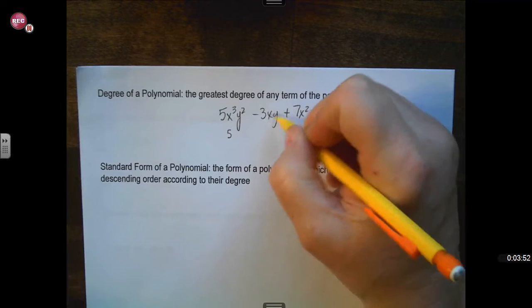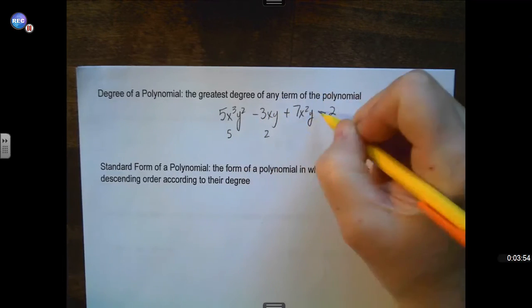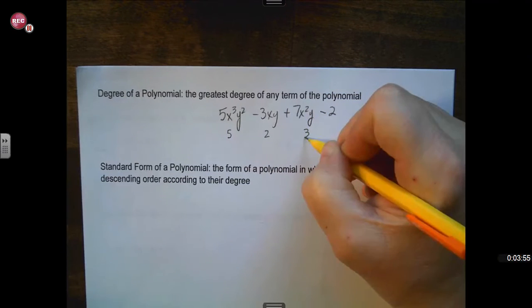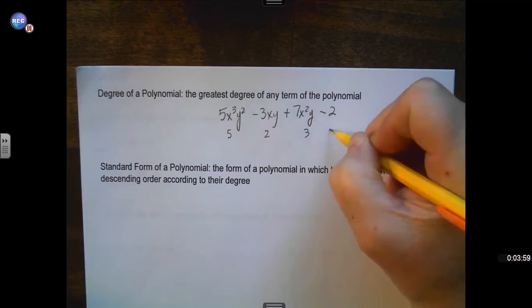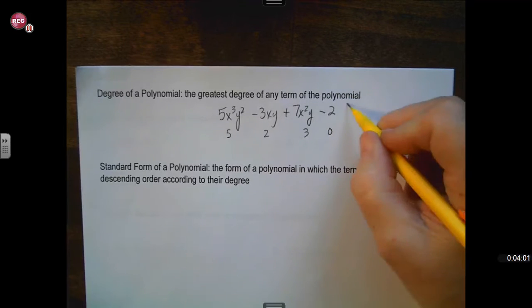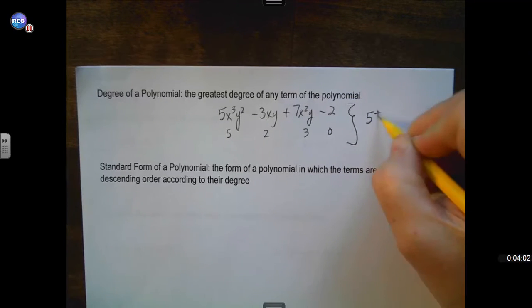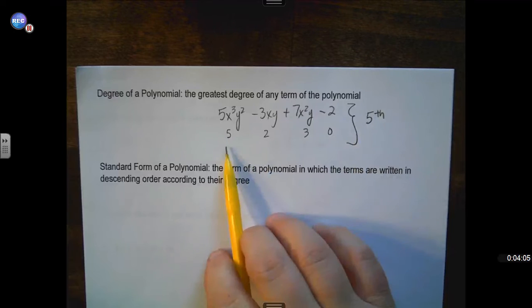The degree of this monomial is 2. The degree of this monomial is 3. And the degree of this monomial is 0. So this polynomial is a 5th degree polynomial because that's the largest.